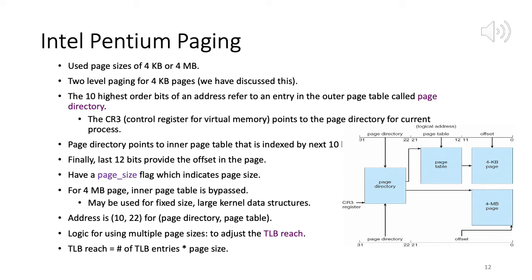Note that every time you do a mapping of virtual to physical, that takes some cost, especially if you have to look at memory twice, if the mapping is not present in your cache. So with a smaller page size, you'll end up doing more mappings, so that overhead will be more. Whereas if you look at a large page size, the number of page table entries will be small, page tables will be smaller, easier to manage, but fragmentation can be more.